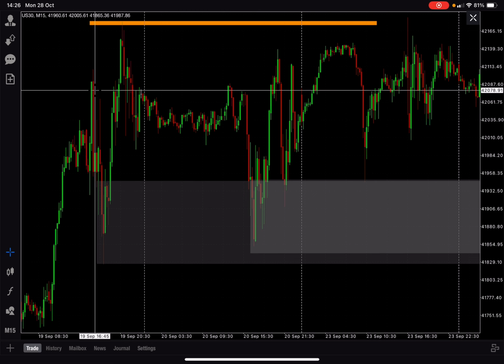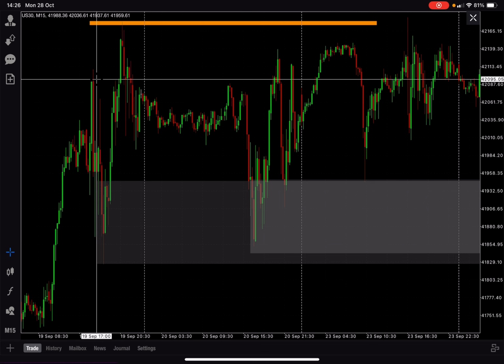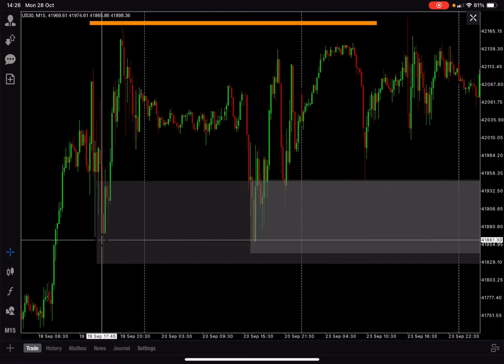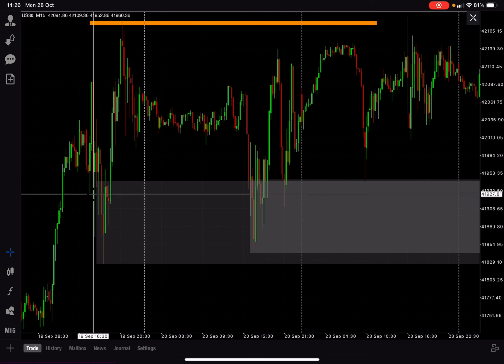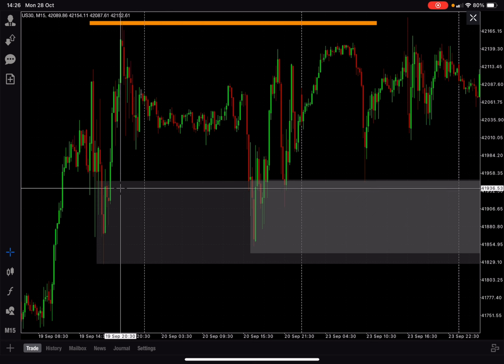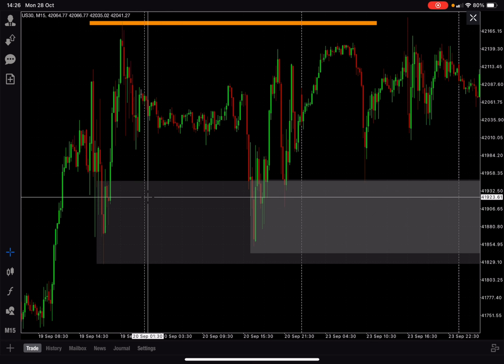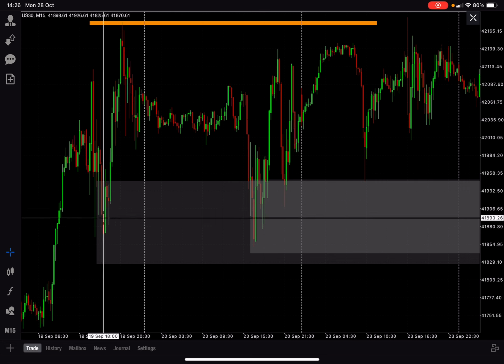So this is what you want to focus on. The New York session, what are they doing within the New York session? So the New York session opens around here. They push price all the way down and continue to buy from here to the upside. That's why you got a nice impulse move up to show volume. Going into the next day, that area turns into a grey area to show this is a New York session discount buy area from the previous day.